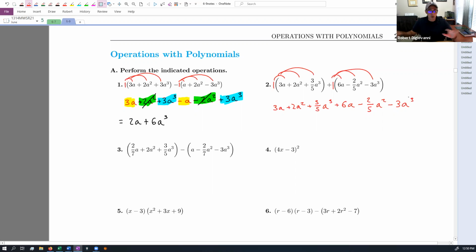So just get rid of the parentheses because there's ones in front of both. Then look at what's common. So I've got a here, that one has an a. I've got a squareds here, and then I've got a cubes here.